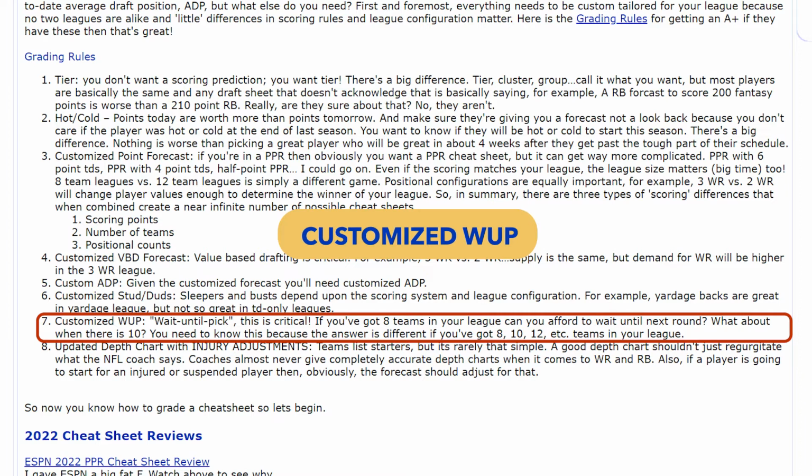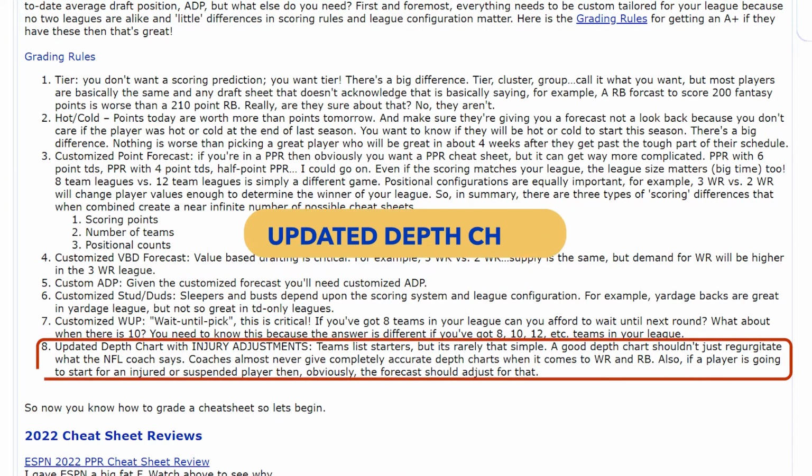So guys will reach for players, and you don't want to be one of those guys who's reaching. So you need to know when to wait until. And then, of course, the depth chart needs to be there because that changes almost by the day. Now, it does change by the day. So there's your rubric on how to judge a fantasy football cheat sheet.